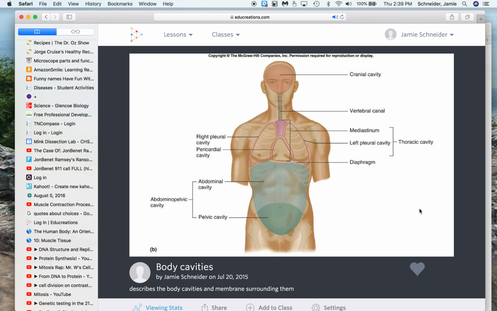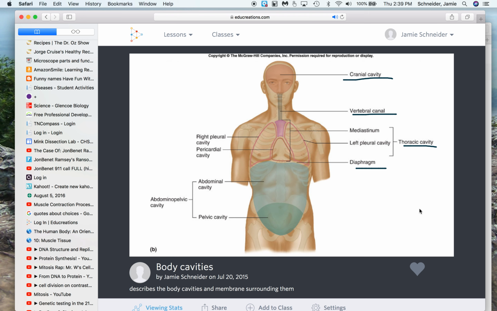Okay, here's the other view. You can still see the cranial cavity and the vertebral cavity or canal, but mainly what we're going to concentrate on right here are the organs that you find in the thoracic cavity, which is above the diaphragm. Remember, the diaphragm is what divides the thoracic cavity from the abdominopelvic cavity.